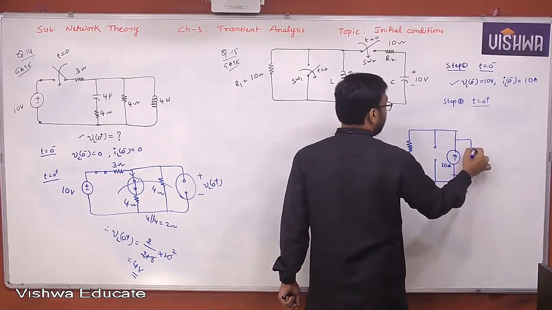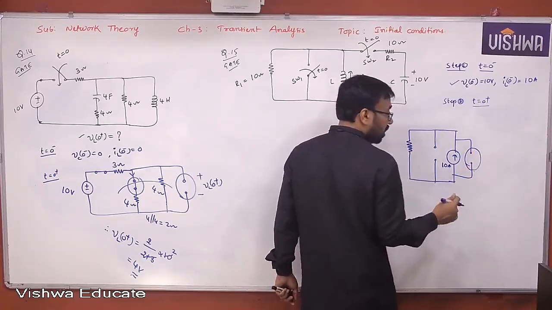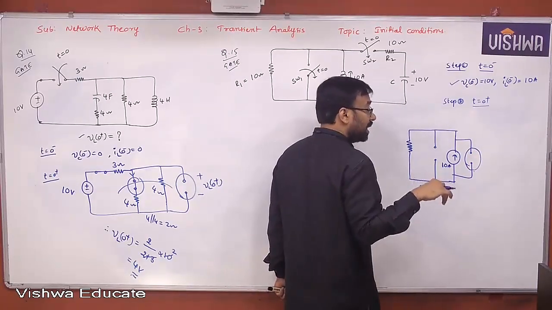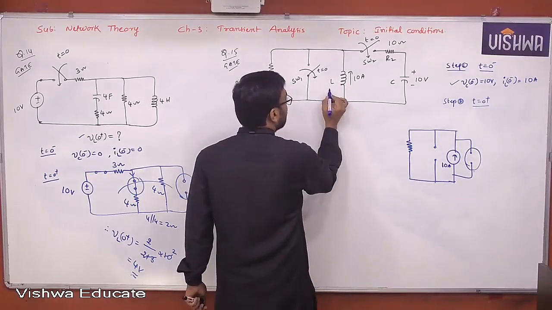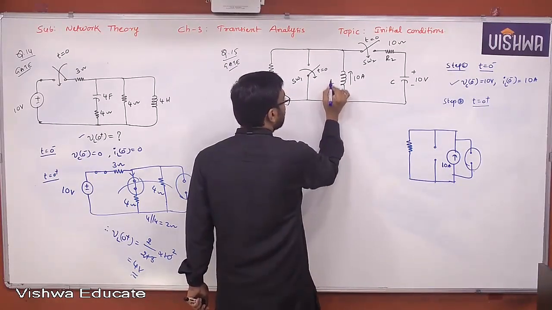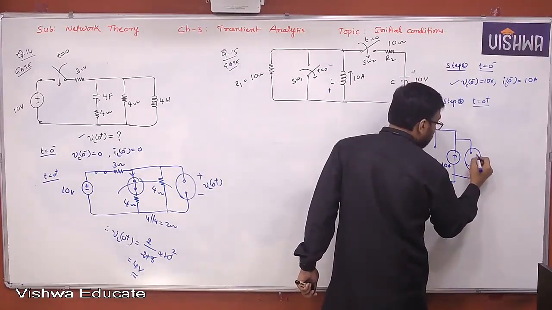This is a parallel inductor model. But what is actually required here is the voltage across the inductor. Understand, all of you? So how do you find the voltage across the inductor? This is plus, this is minus, let us say.